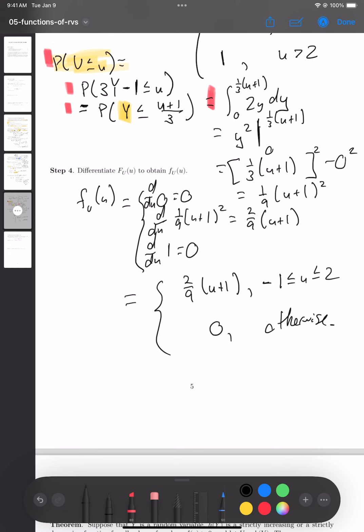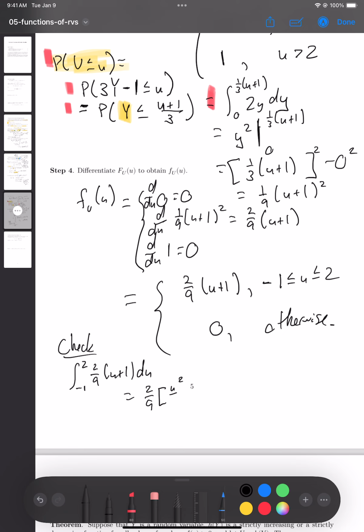Something you can do, if you would like, is check to make sure that we didn't make some algebra mistake. If we've done this correctly, then the integral between -1 and 2 of 2/9 (u plus 1) du should equal 1. If it does not equal 1, we do not have a proper probability density function, so we made a mistake somewhere. Again, I will do this by hand.